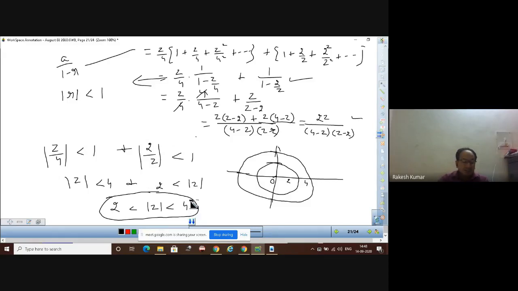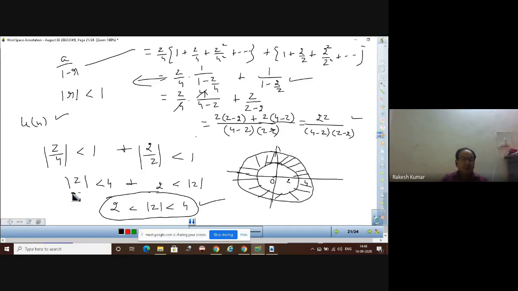So this is the region of convergence of the given function, and what was your given function? That was u of n, a function of n, and that lies between the radii as shown in the figure. And this is the figure. z will lie in this region of convergence, which is a ring-shaped region, as I have explained earlier.